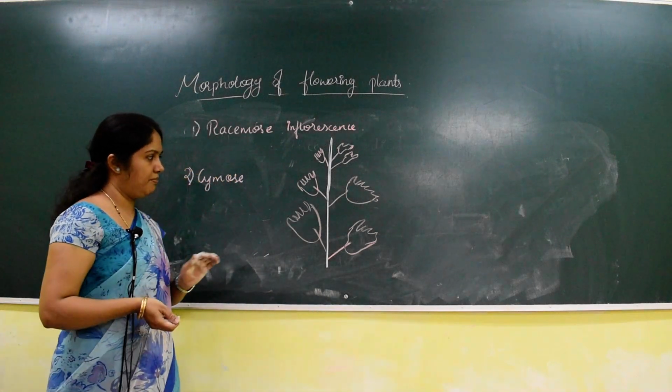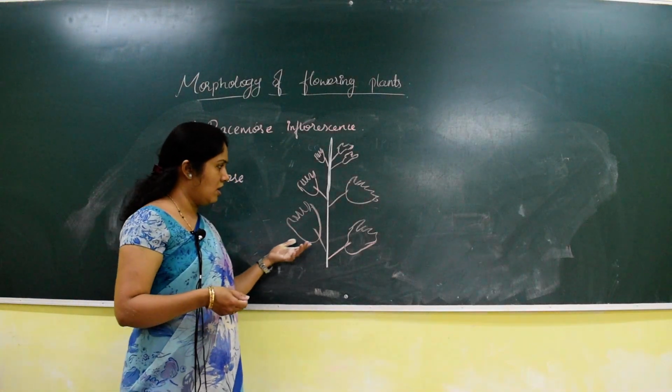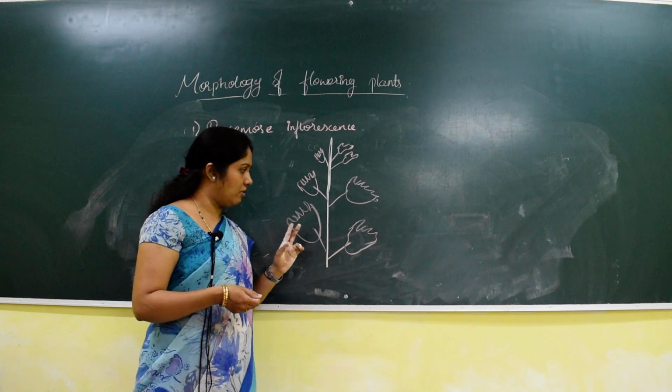See, I have written a simple diagrammatic representation. In the flowers we can differentiate two types, older and younger.